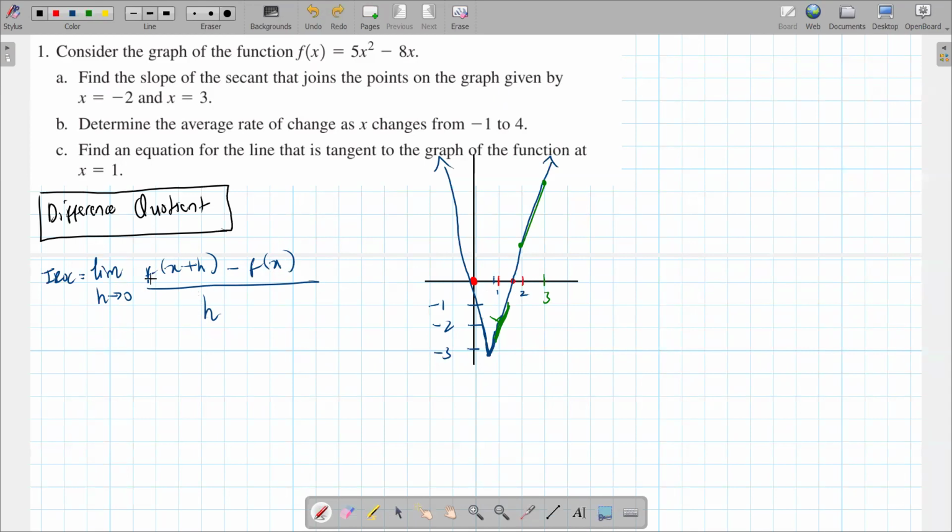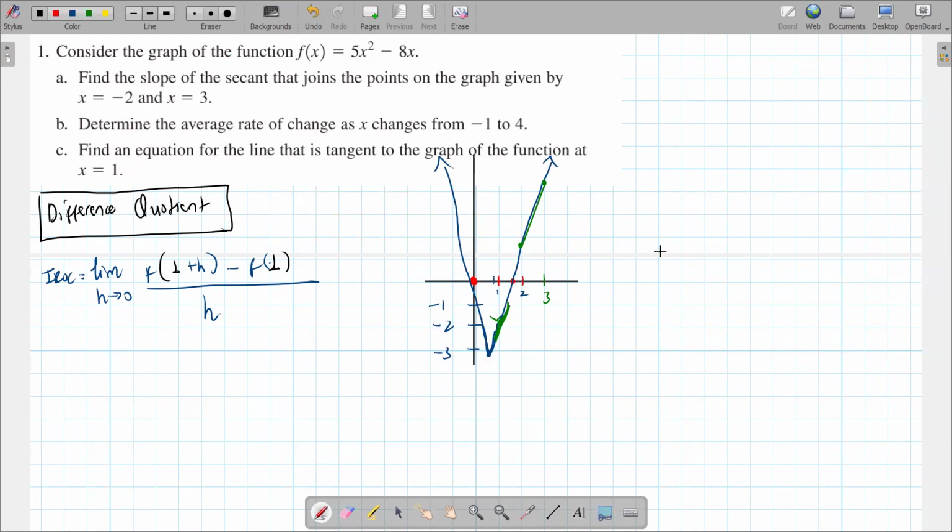We need to find f of x plus h and f of x. Our x value of interest is 1. So we need to find f of 1 and f of 1 plus h.